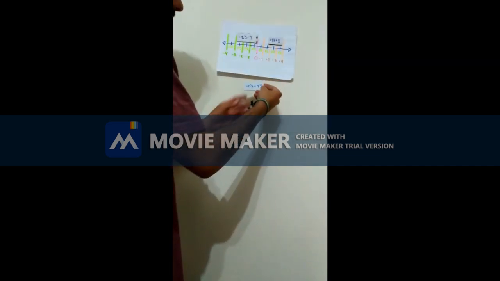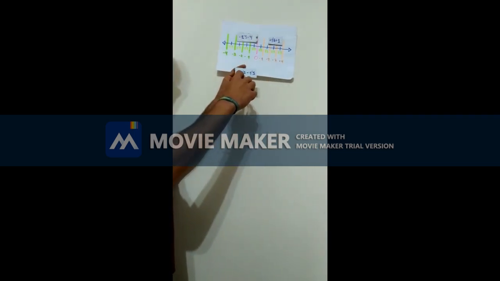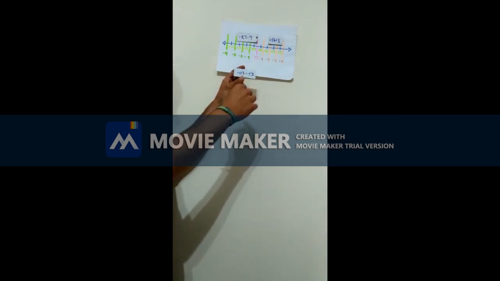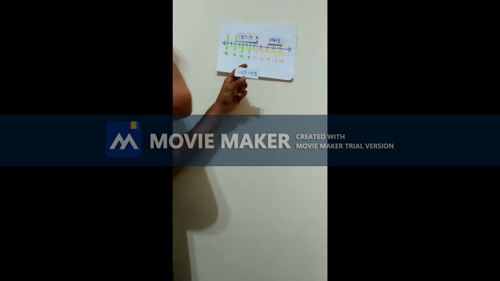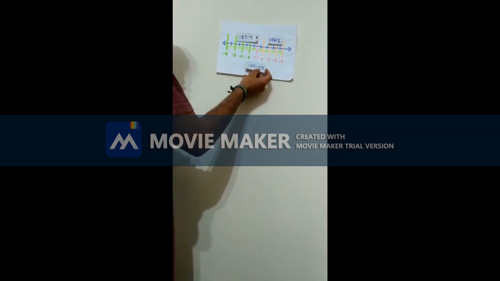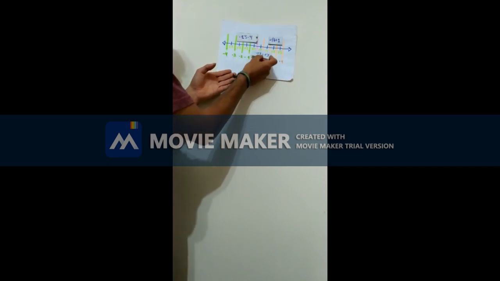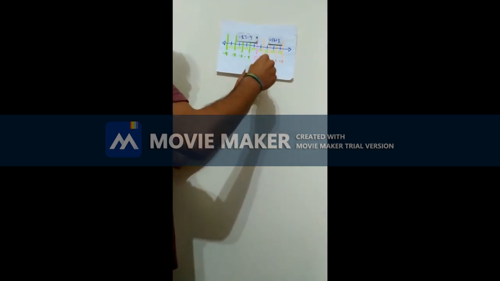Okay, the last one. So minus 0.5 minus 1.5, negative. Both are negative. So in that case, now I am going to the left. So now we are here at minus 0.5 and I'm going left because I have to subtract 1.5.